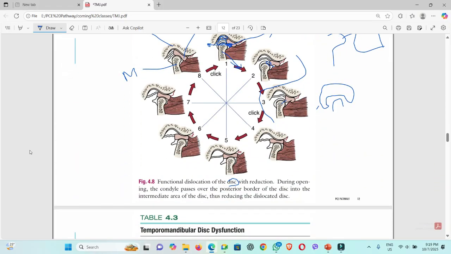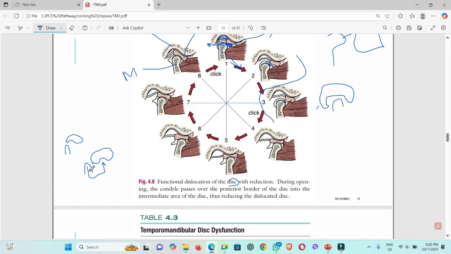What will happen is, this is the condyle. This is the disc. This is the condyle. As we are saying, the disc is anteriorly displaced. We will call it reduced if the condyle comes and sits over this place. Got it?